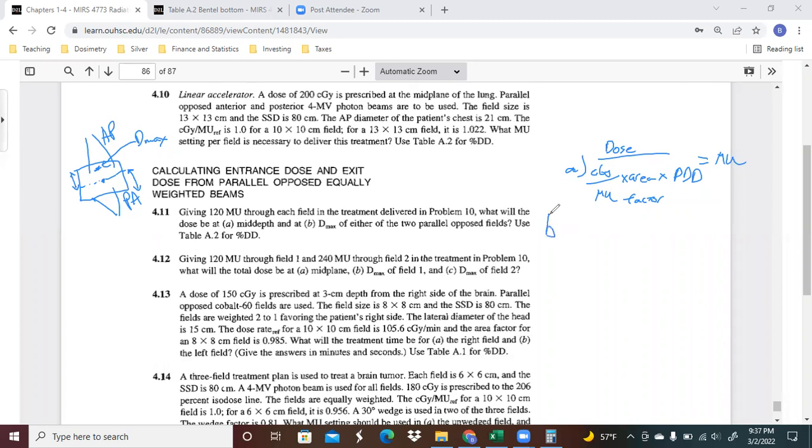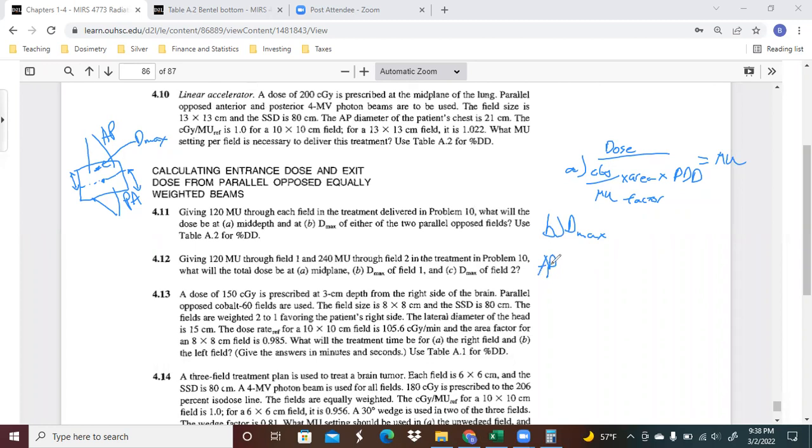And let's say this is going to be at Dmax. So let's say for the AP beam. Earlier, I didn't have to specify because I was going to come up with the same calculation either way.